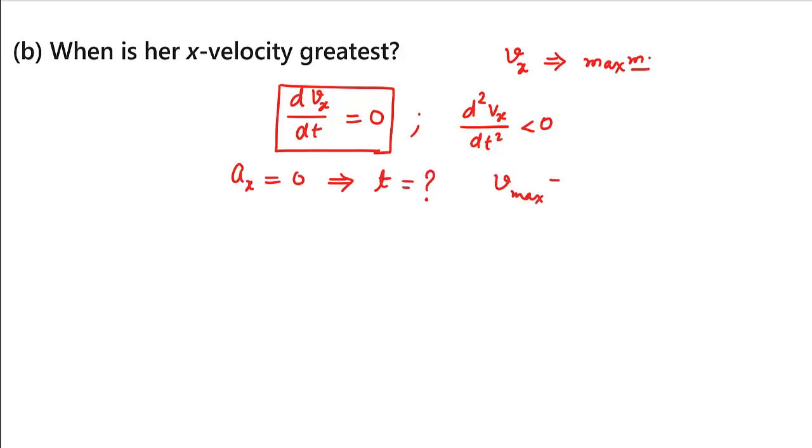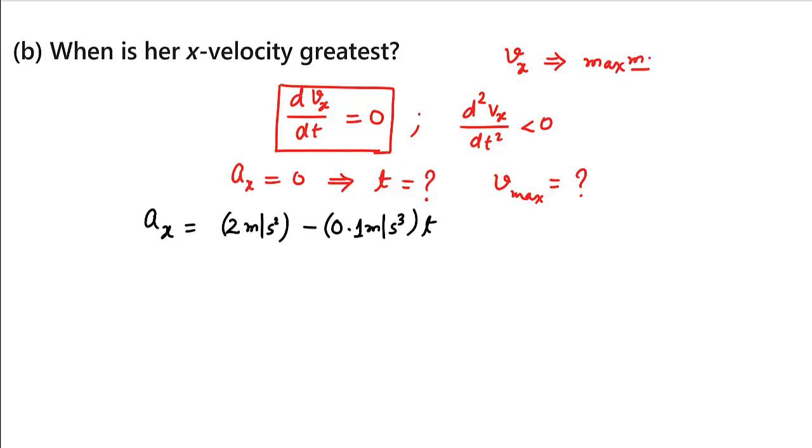So the corresponding time will give you the maximum velocity. So what was the acceleration? If you remember, the expression for acceleration is ax equal to 2 meter per second square minus 0.1 meter per second cube into t.